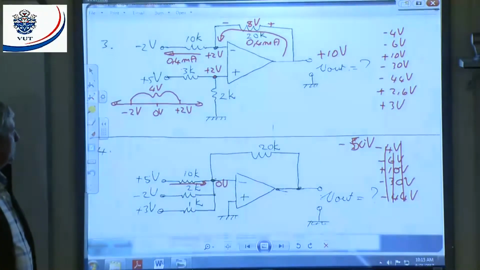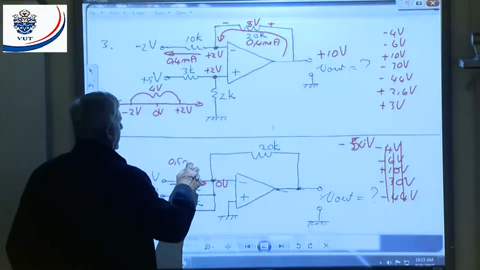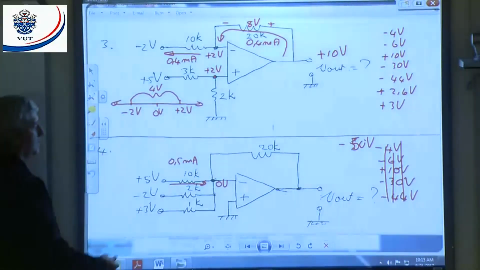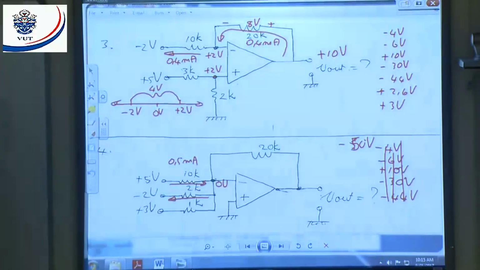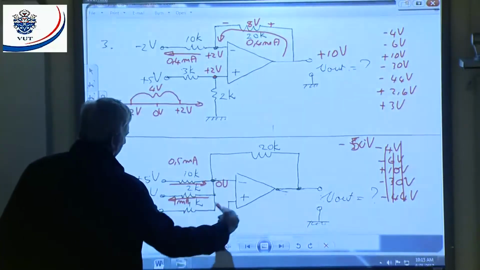What will that current be? 5 volts divided by 10K will give me 0.5 milliamps. This current is going to flow in that direction. 2 volts difference, and 2 volts divided by 2K will give me 1 milliamp, flowing in that direction.